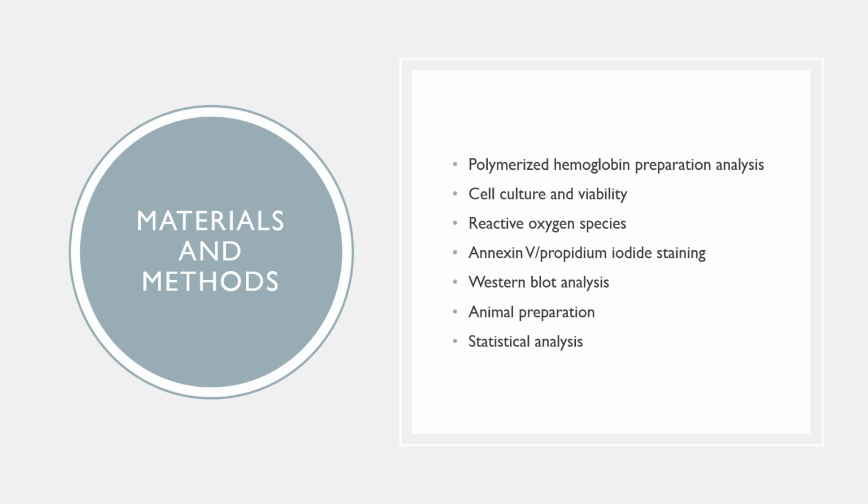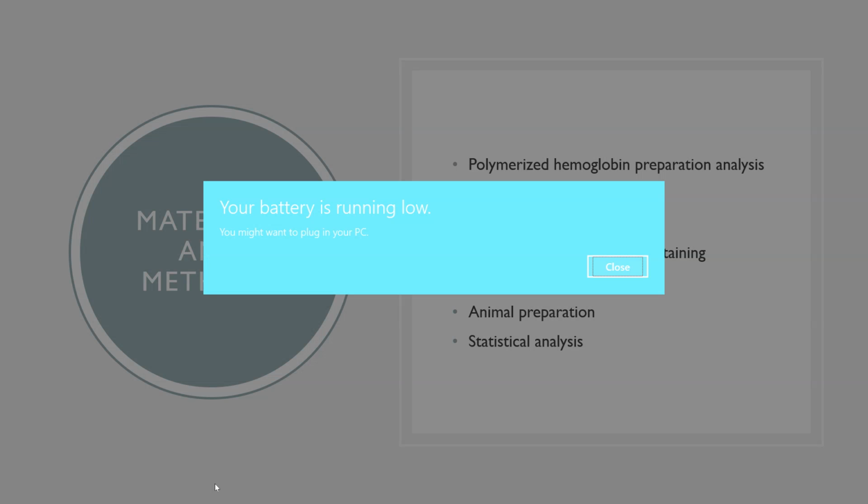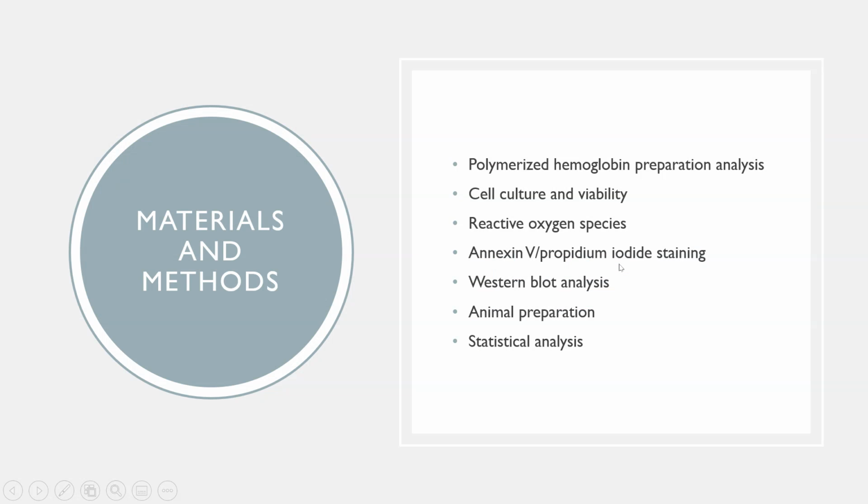So for the Western blot analysis portion of the experiment, the cells were treated with either a 0.9% saline, which we refer to as a vehicle, or polymerized hemoglobin, and they were incubated for 24 hours. So the conditions were hypoxic for the entirety of the 24-hour period.